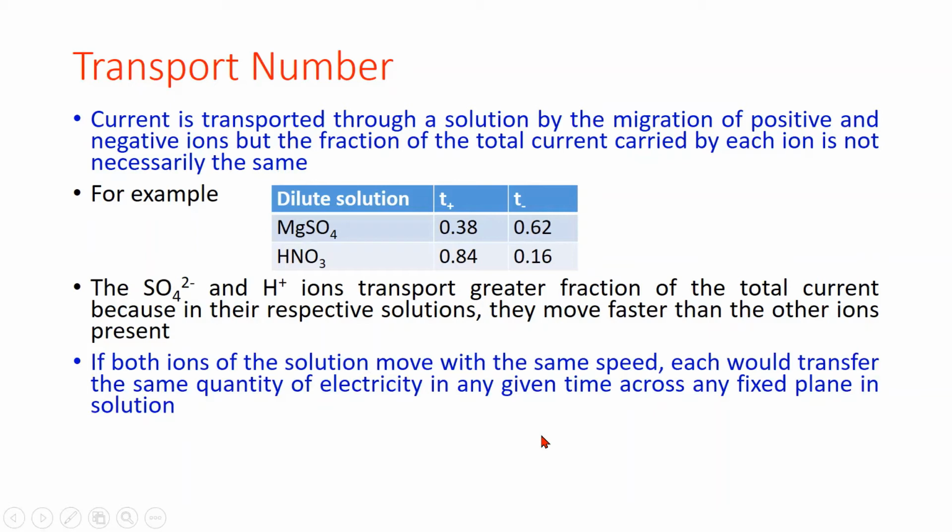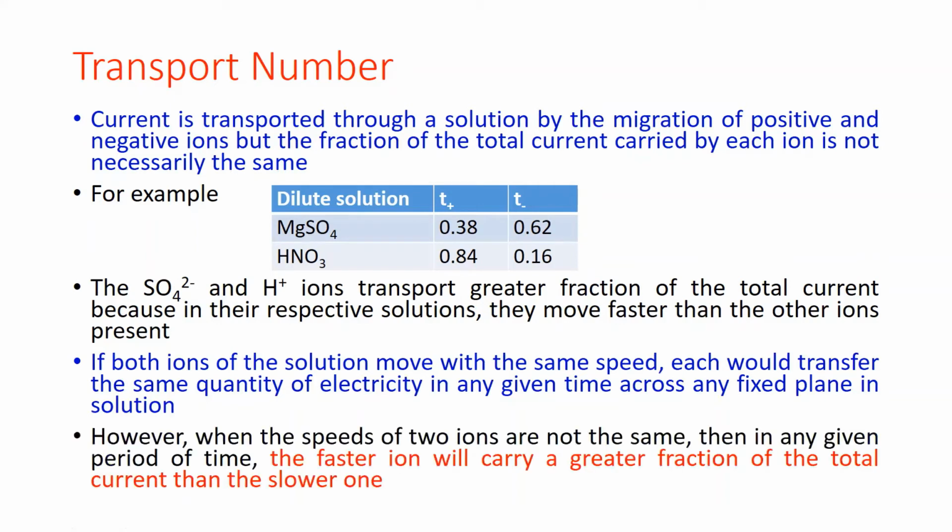If both ions of the solution move with the same speed, each would transfer the same quantity of electricity in any given time across any fixed plane of the solution. However, when the speeds of the two ions are not the same, then in any given period of time, the faster ion will carry a greater fraction of the total current than the slower ion.